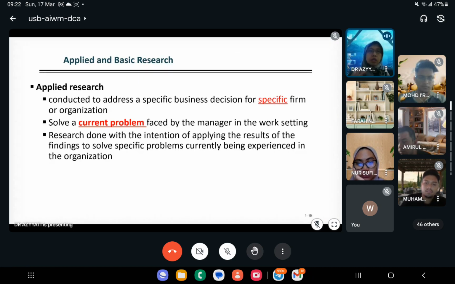For example, in the last two or three years, I did a task force with my team members. We would like to know the effectiveness of online distance learning during COVID-19, because we know that during COVID-19 there were so many things that happened, lots of glitches, problems and challenges, which would be a big challenge for you to overcome.